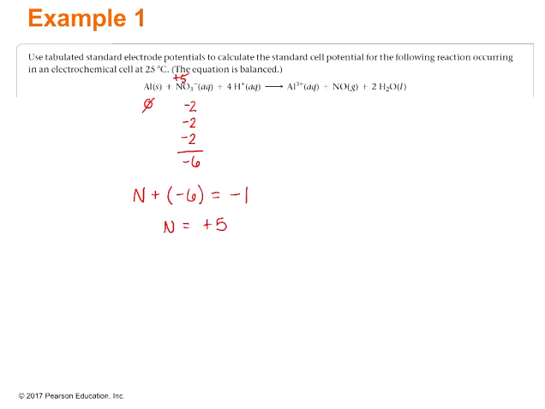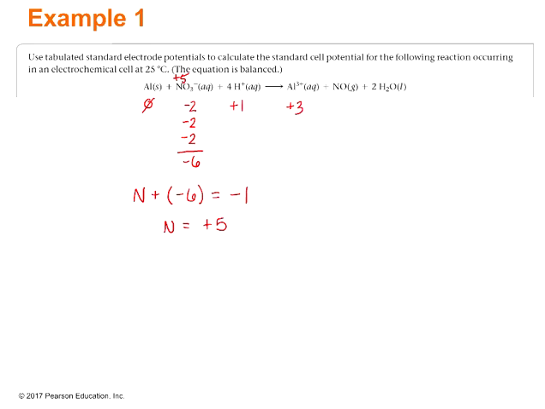Okay, and then we have hydrogen ions. So the oxidation number is the same as the charge. And then in the products, we have an aluminum ion. So again, its oxidation number is the same as the charge.